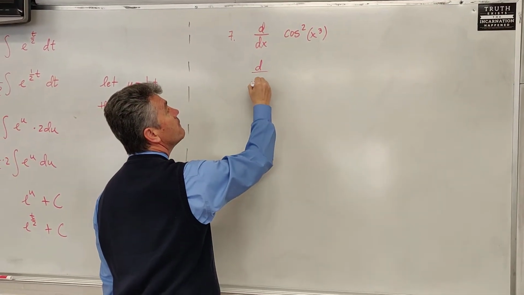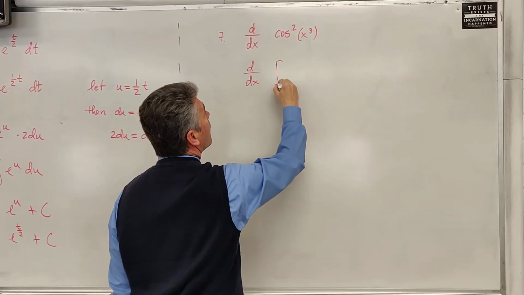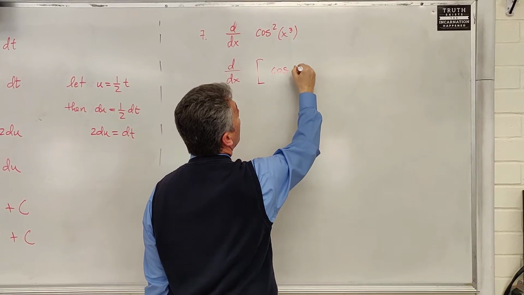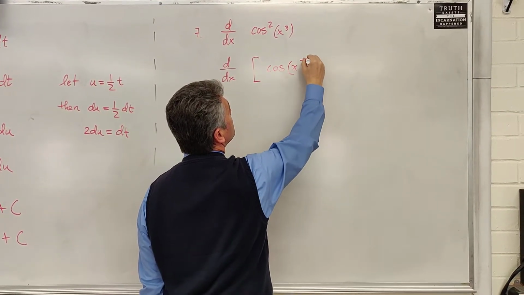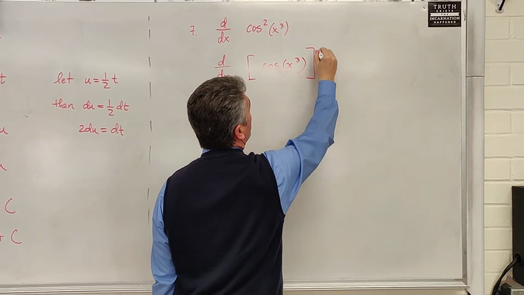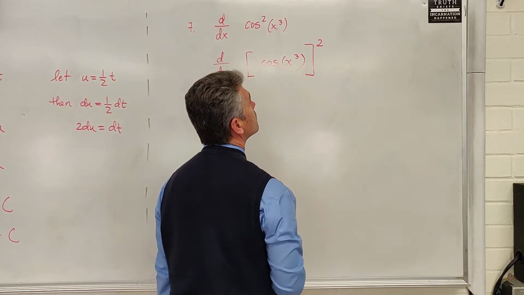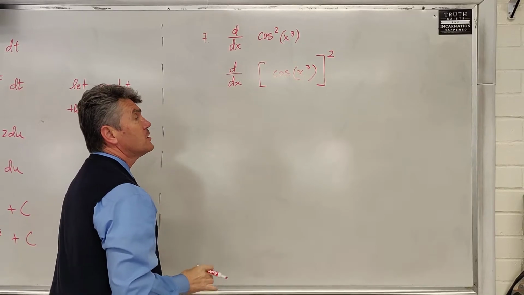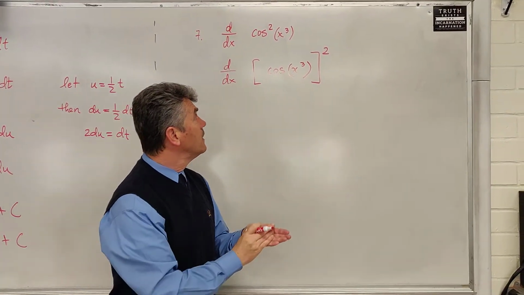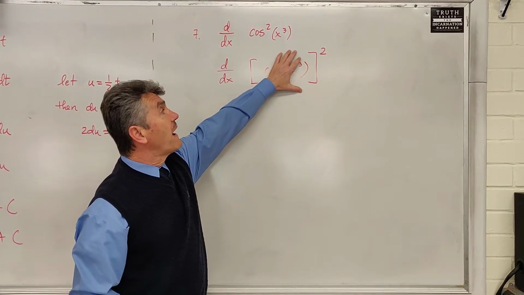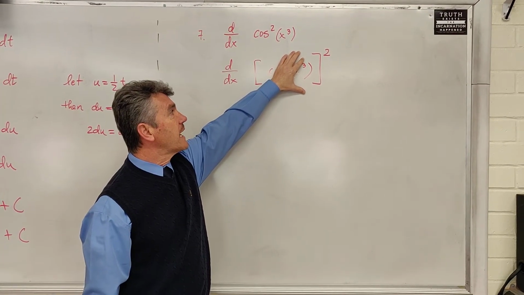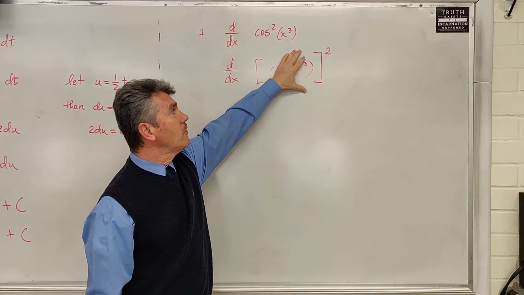This is the derivative with respect to x of cosine of x cubed, raised to the power of 2. So when you look at this, just look at it as the fact that you're taking the derivative of some quantity raised to the second power, and use the chain rule.